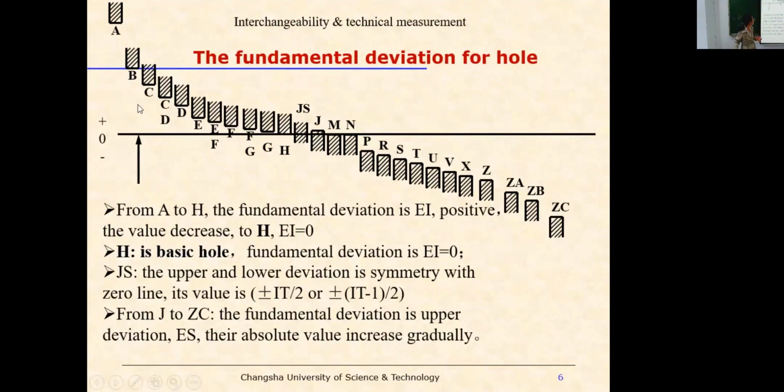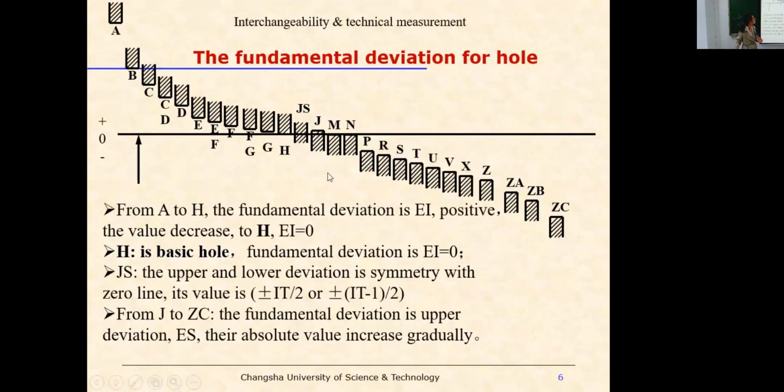I mean that the tolerance is up, is here. So this deviation is the fundamental deviation. Until JS, the H, its deviation is 0, right? So for another one, the deviation is low, the tolerance is low to 0. So this is the fundamental deviation. So it's EI. So you must know this is ES, this is EI, right?